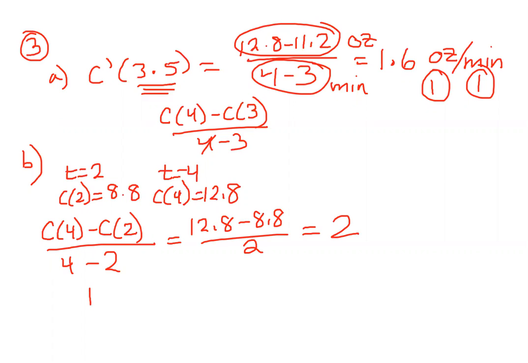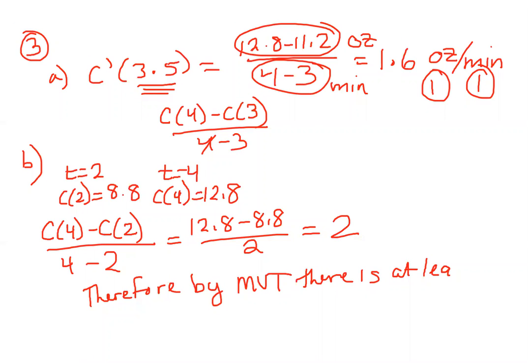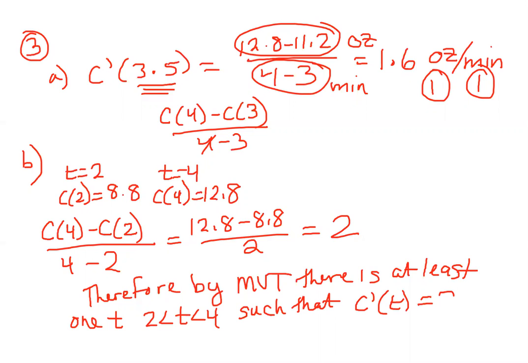So therefore, by the mean value theorem, there is at least 1 t between 2 and 4 such that c prime of t equals 2.